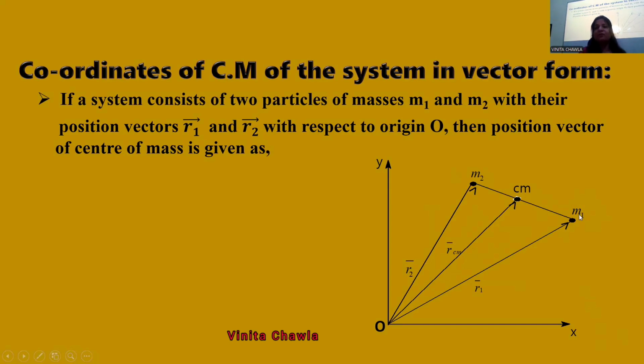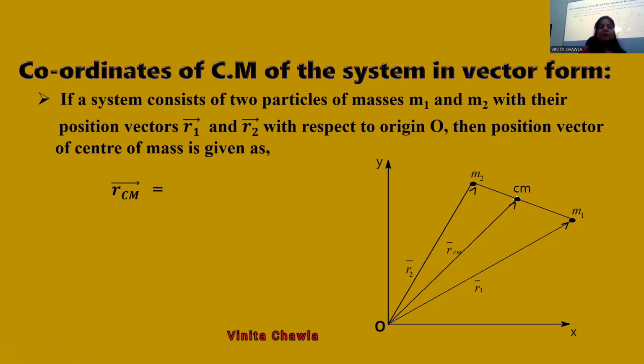Position vector of m1, मतलब उसका जो reference frame that we are taking, the distance of that mass from the reference frame is vector r1, and distance of this mass m2 from the reference frame is vector r2. And we are assuming the center of mass lies on the axis joining the two masses. It lies somewhere here, and the position vector of the center of mass is RCM. CM for center of mass we are writing.